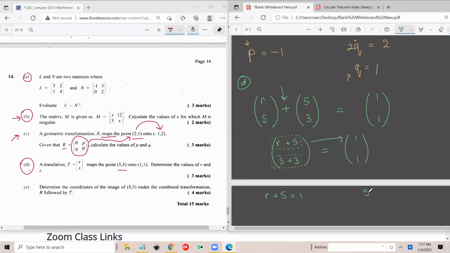And the underneath, S plus 3 just so happens to also be equal to 1. Pure coincidence. For those who got it wrong, you think you could solve for R now? You just throw across the positive 5. And you think you could solve for S now? You just throw across the positive 3. All right? So solve for R and S and send your final answers, please.